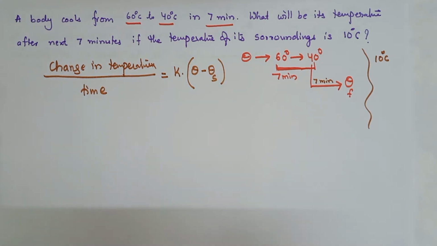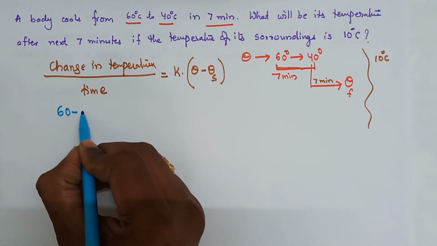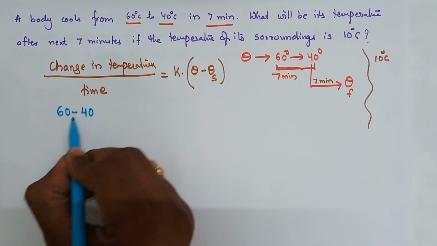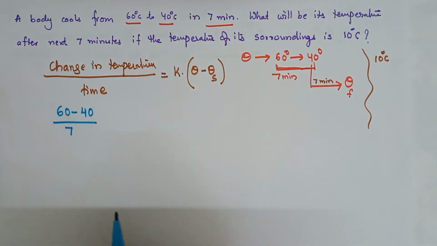Theta also indicates temperature here. We may also write capital T; it's your wish, the notation can be written in any other way. What is the change in temperature? 60 minus 40. What is the time requirement here? 7 minutes.